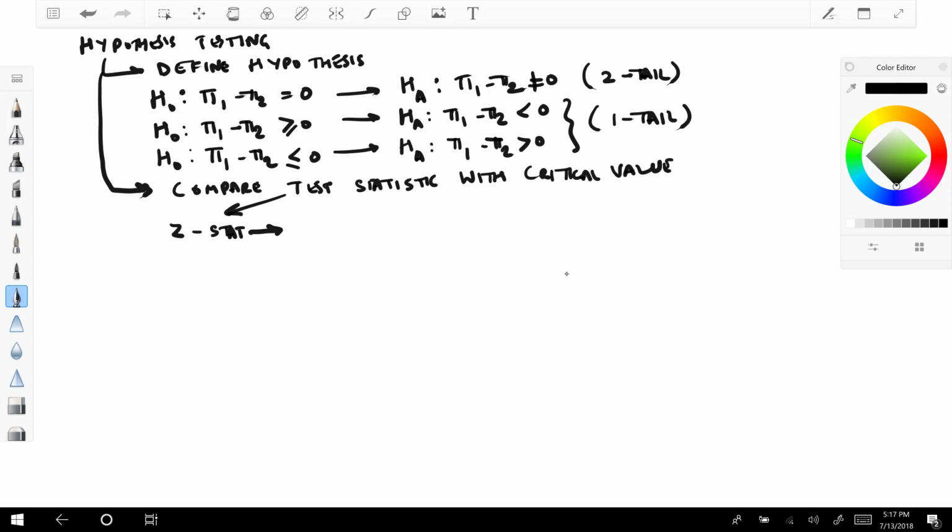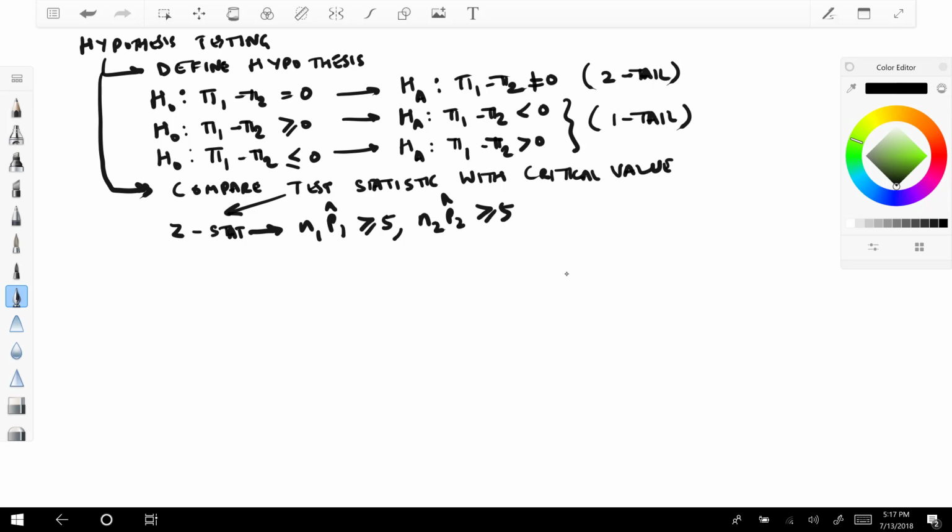So we will be looking at the criteria n1 p1 hat is greater than or equal to 5 and n2 p2 hat is greater than or equal to 5. Then we can use z statistics.